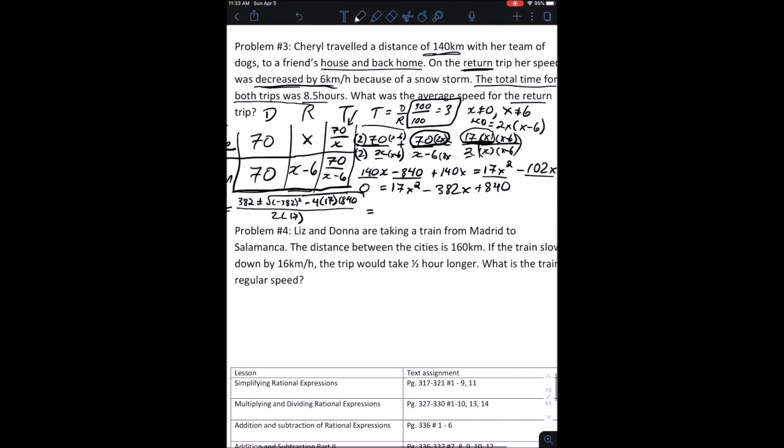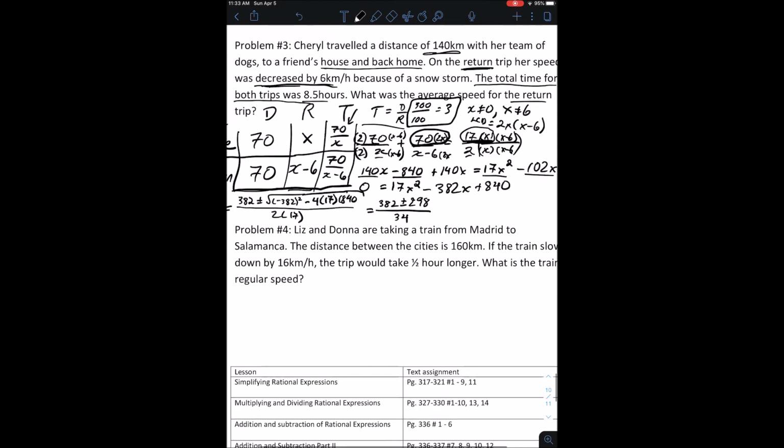And so if I do that, I end up with 382 plus or minus 298 all over 34. And so that spits out two answers for x. I get 20 and I get 2.47 as my two answers.